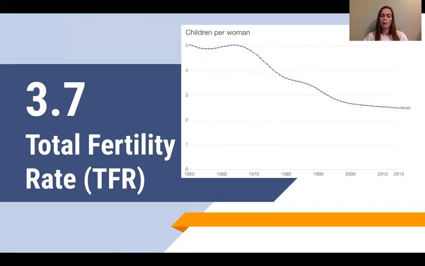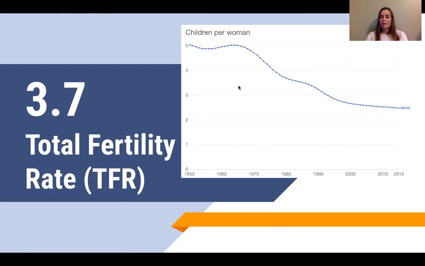Okay, so from age structure diagrams, we lead into what we call total fertility rate, usually abbreviated TFR. Total fertility rate is just the total average number of children per woman over her lifetime.